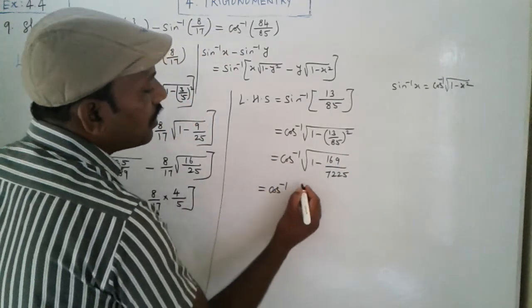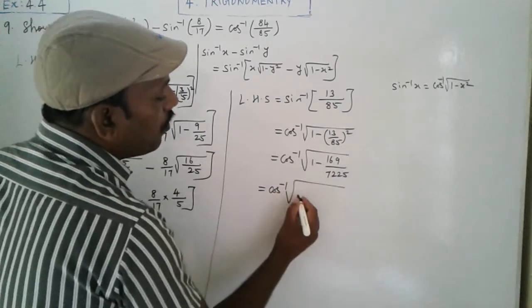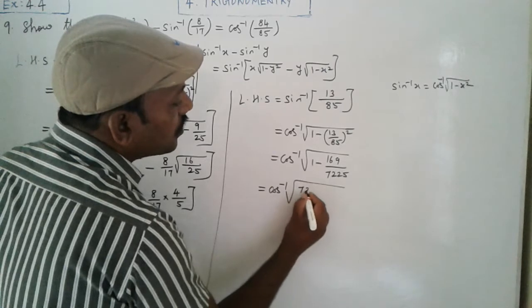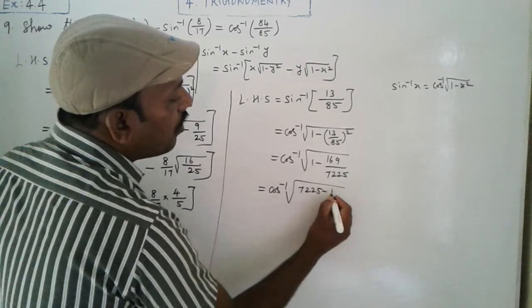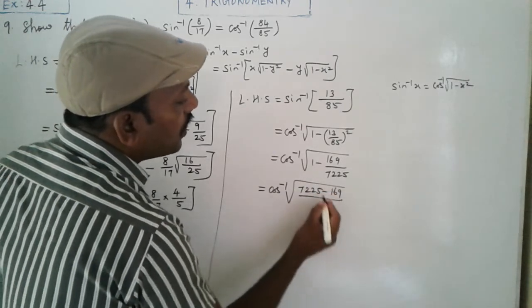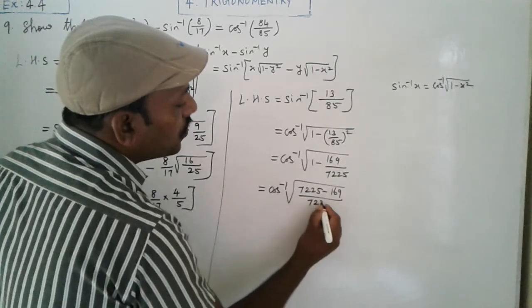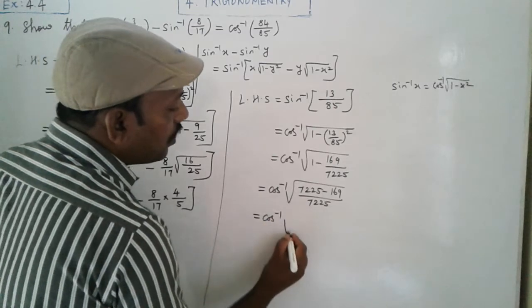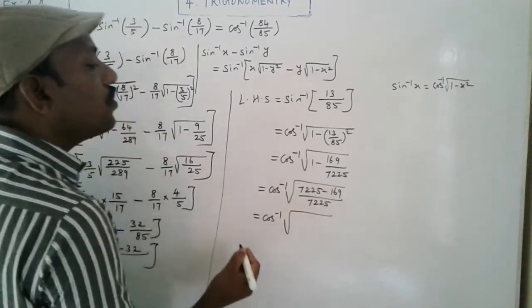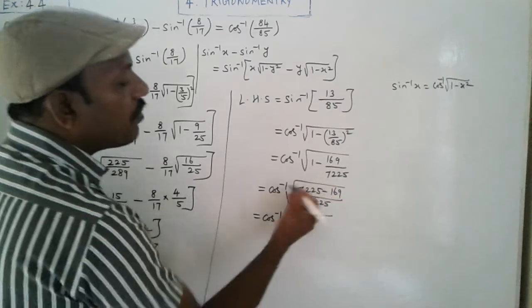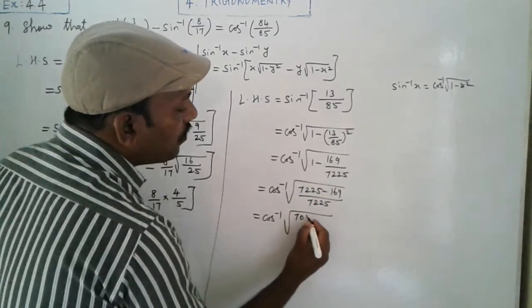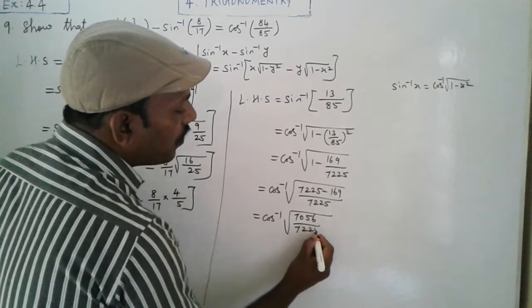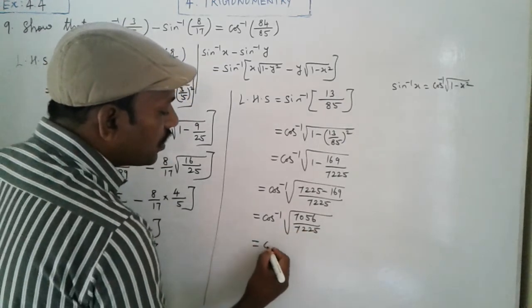Cos inverse of root of (7225 minus 169) divided by 7225. Subtract, then 7056 divided by 7225. Now take the square root.